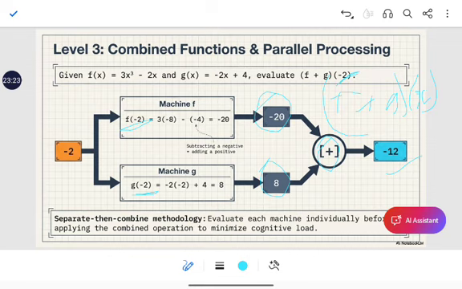So, separate, then combine methodology. Evaluate each machine individually before applying the combined operation to minimize cognitive load. So this addition, f of x plus g of x, and now our x here is negative 2.